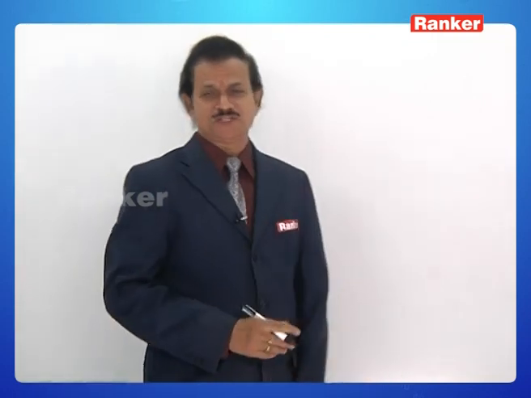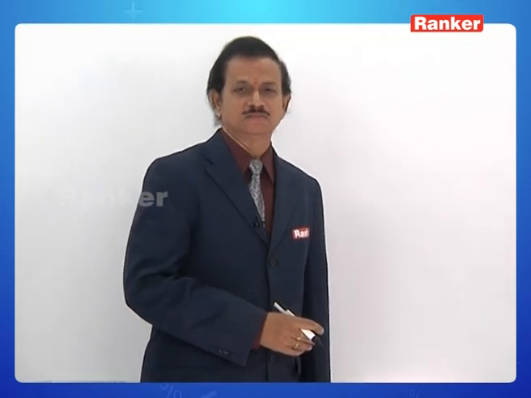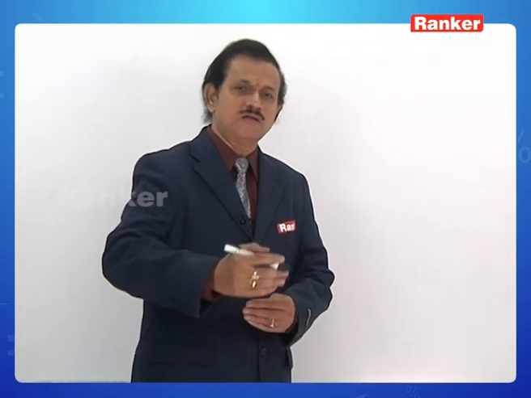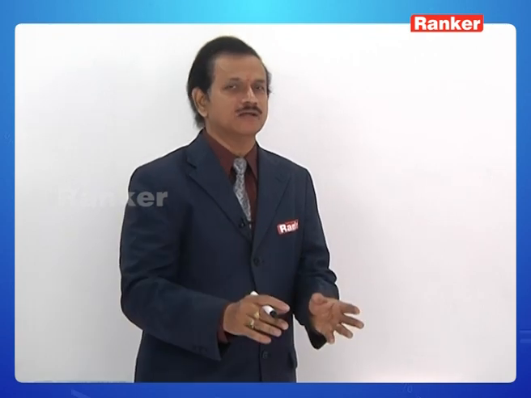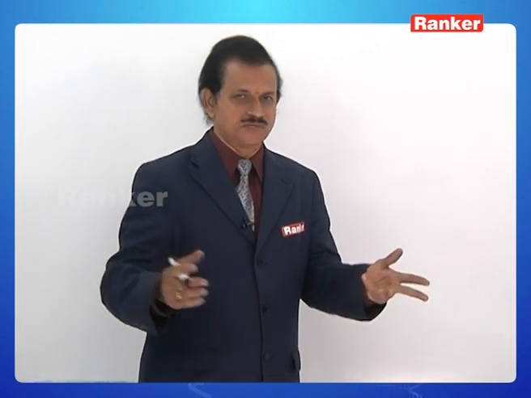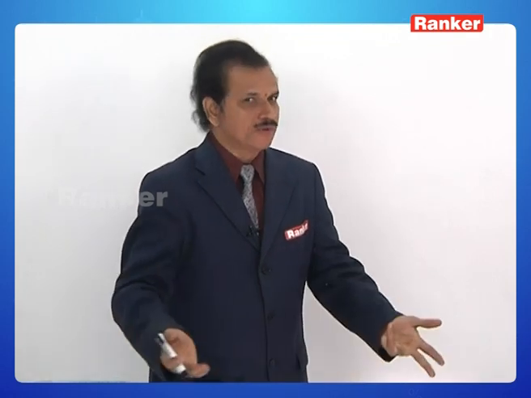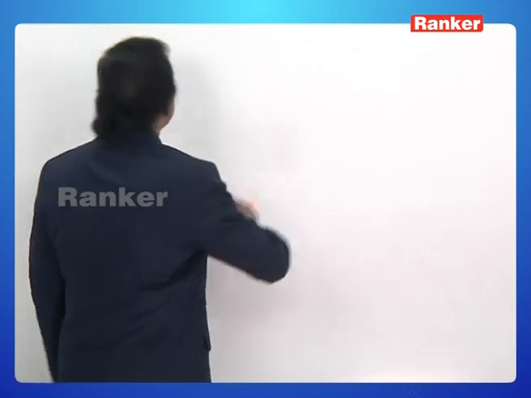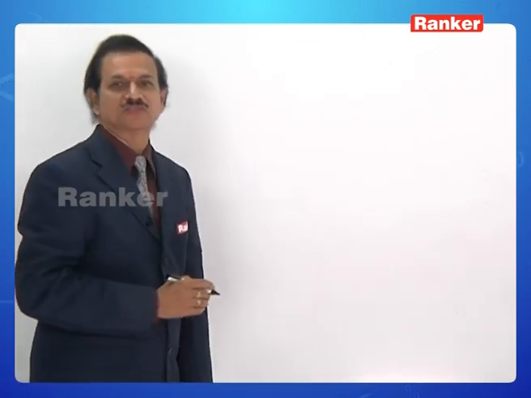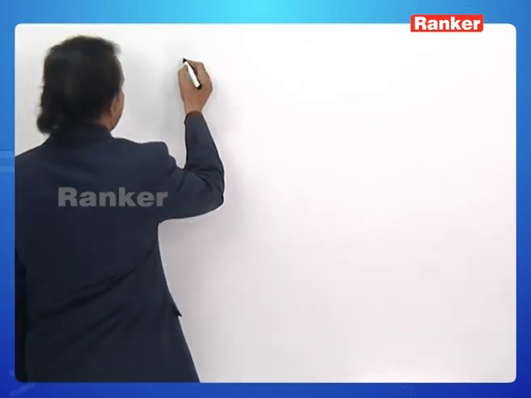Next one. Now let us recall some famous determinants. The properties of determinants are not yet over. As you go on learning new concepts, meanwhile we shall be observing the properties of some determinants, and some new names will also be there. Look here. Let us look at some standard determinants.